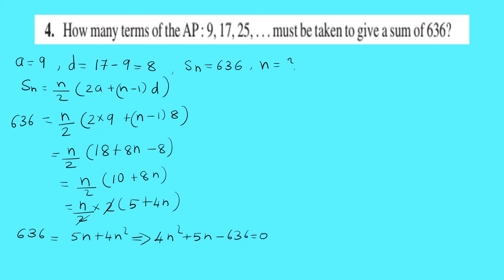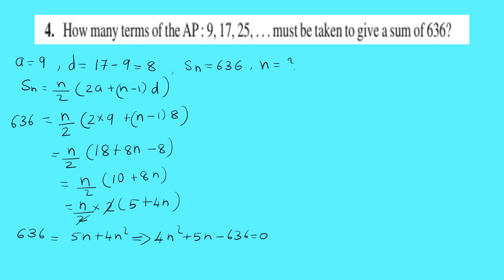Now you can find the value of the variable, that is here the variable is n, by splitting the middle term that you have studied in 9th standard. For splitting the middle term, you have to find two numbers such that its sum is plus 5 and the product is 4 multiplied by minus 636.